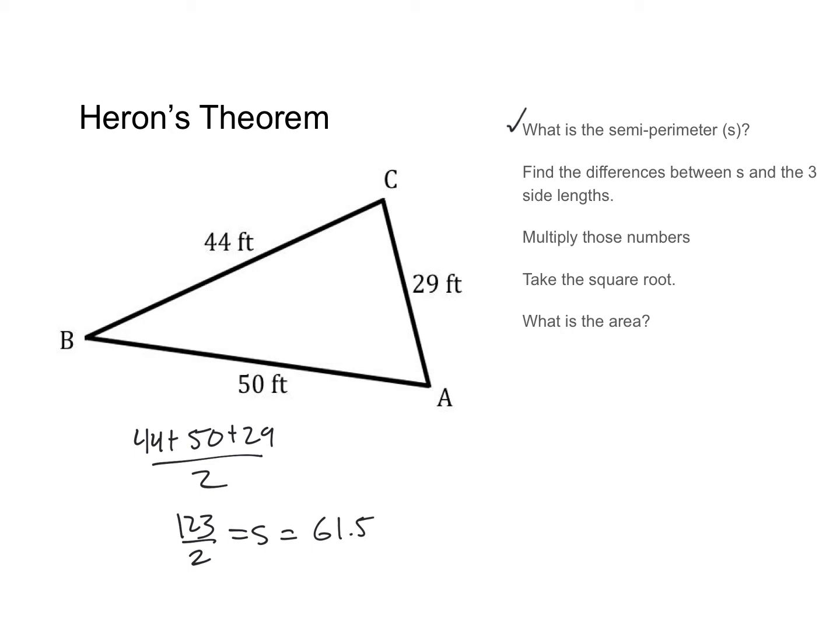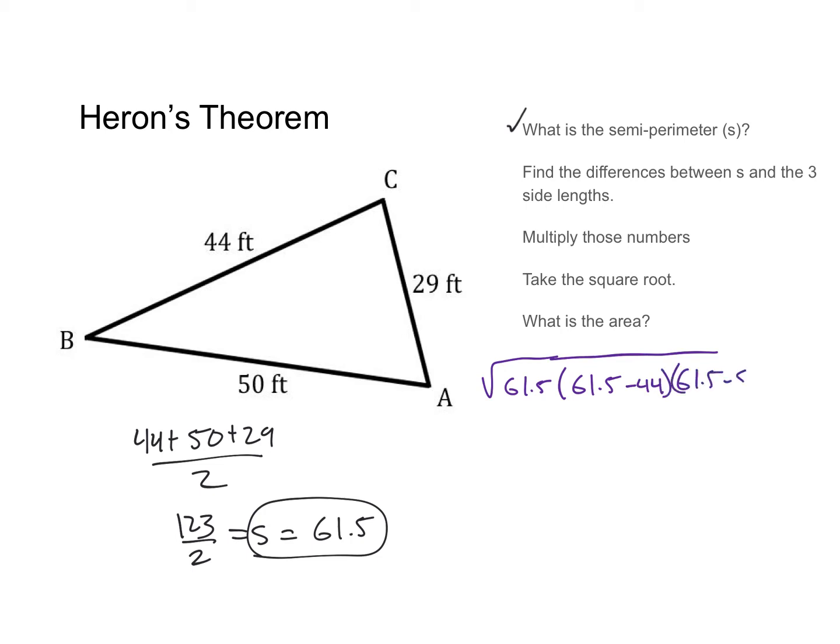Okay, so now this is my semi-perimeter. So now when I go to solve, I'm going to take 61.5, then 61.5 minus 44, 61.5 minus 50, 61.5 minus 29.